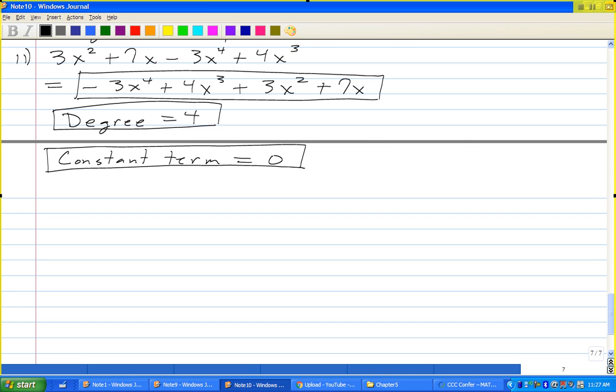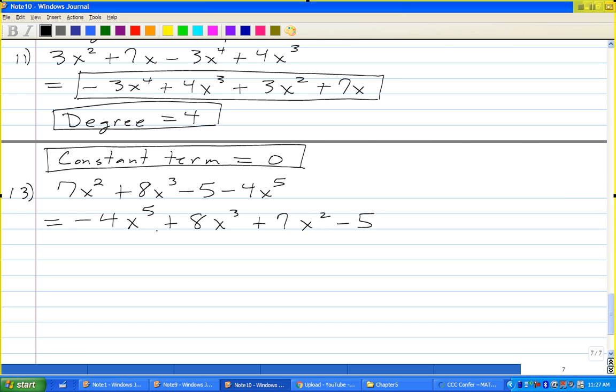Let me do problem 13. 7x squared plus 8x cubed minus 5 minus 4x to the 5th. So let's write this in descending order. Negative 4x to the 5th plus 8x cubed plus 7x squared minus 5.